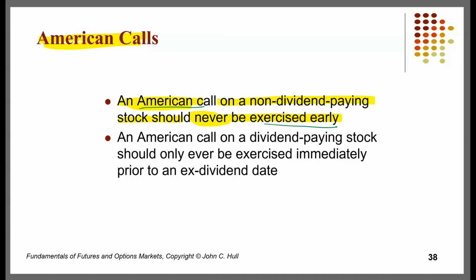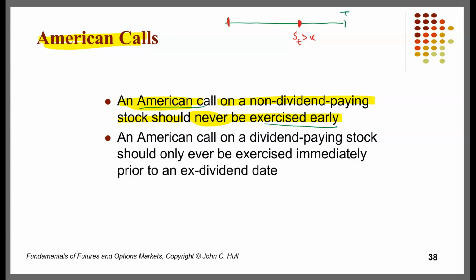Well, that's because if you have a timeline like this, where this is the maturity or expiration of the option, and this is when the option is written, and at this point in time here you already have an option that's in the money, so you have ST here that's greater than K.